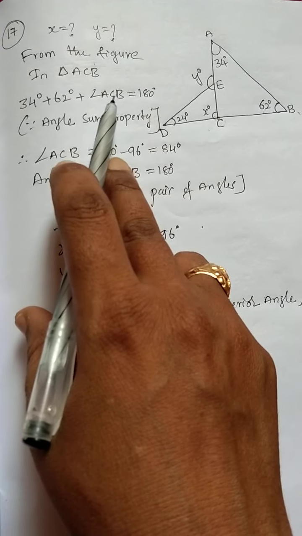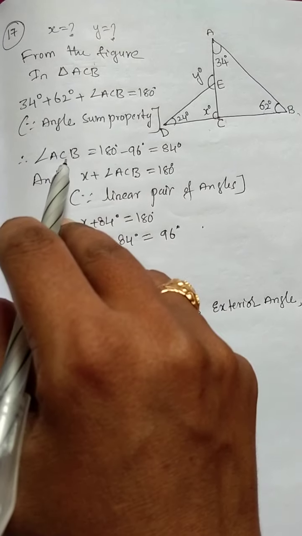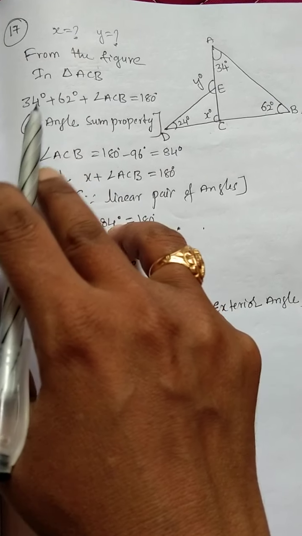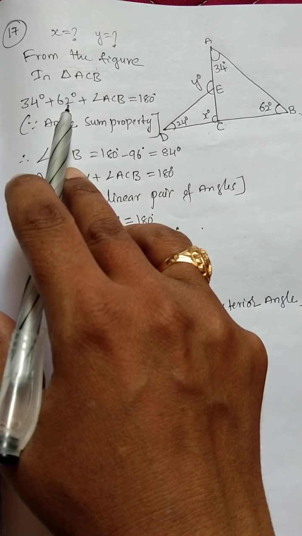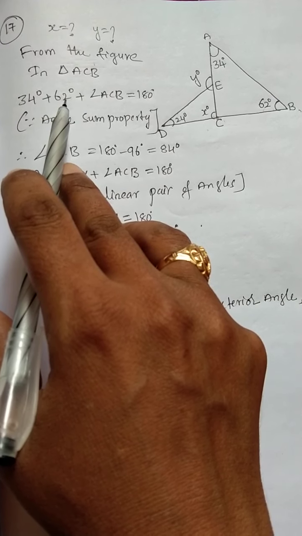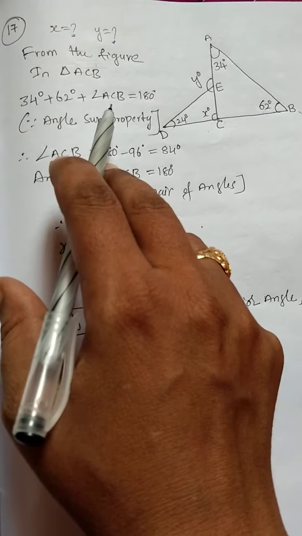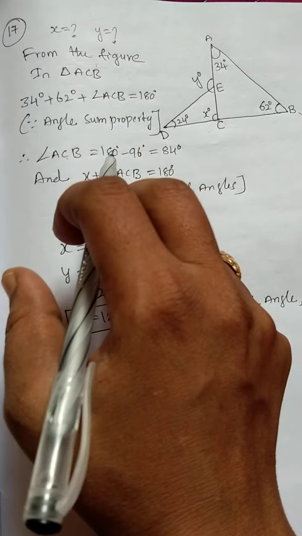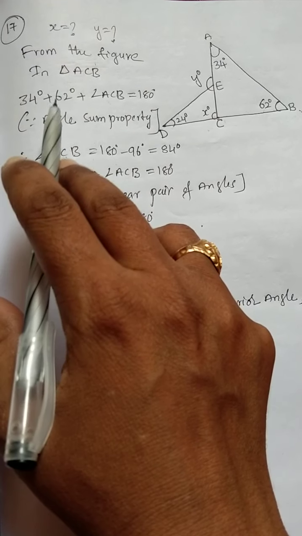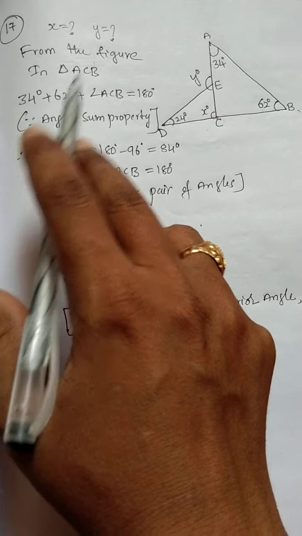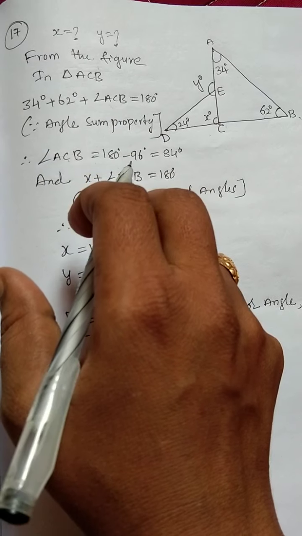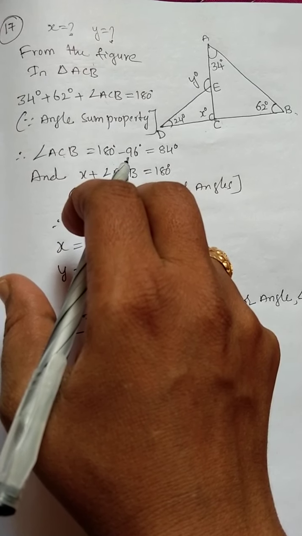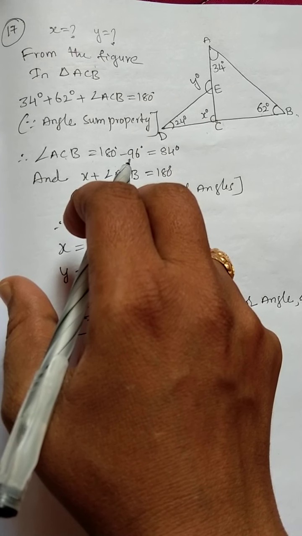Now from this we need to find angle ACB. For that we add these two values, 34 and 62. You will get 96, right? Angle ACB as it is, 180 degrees as it is, and this 96 transposed: plus 96 will give minus 96. While calculating, transposing rules are very important.